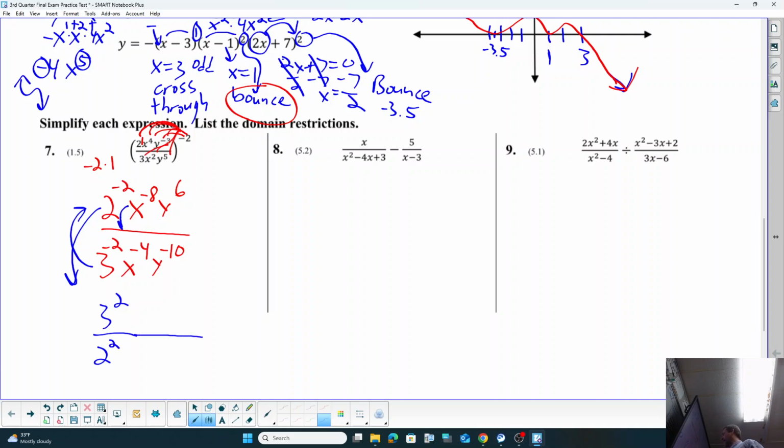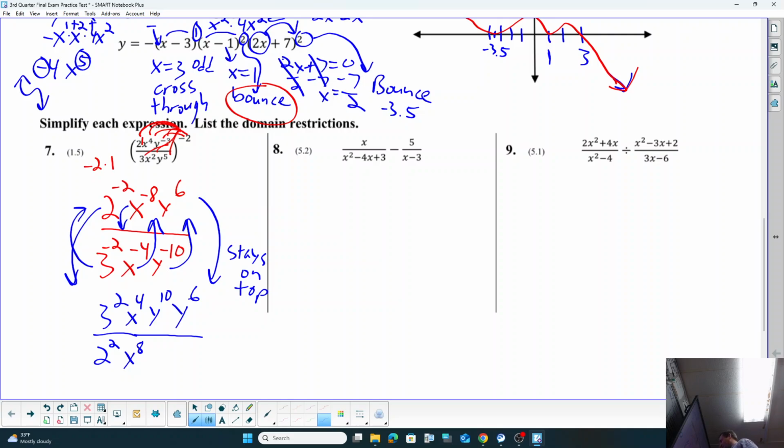That x is going to come down, so that's x to the 8. Y to the 6 stays on top. And then x to the negative 4 moves up, and negative 10 moves up. So that's x to the positive 4 now, and y to the positive 10.